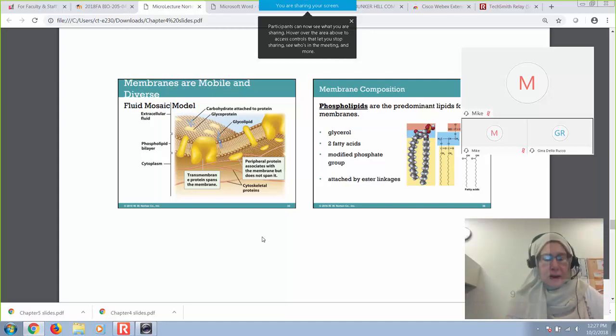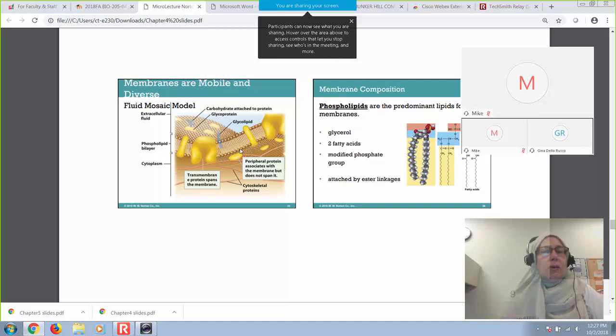So a lipid bilayer, as you can see here on the left in this image from your book. The lipid bilayer is mainly composed of phospholipids in two layers, and they're organized with the hydrophobic hydrocarbon tails facing in toward each other, whereas the phosphate group heads, which are hydrophilic, the water-loving part, are facing the outside aqueous environment, either the outside of the cell, or the inside of the cell, which is also an aqueous environment.